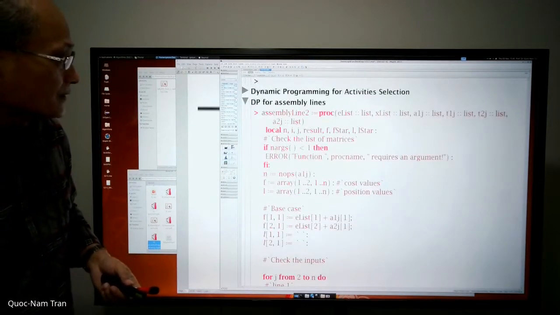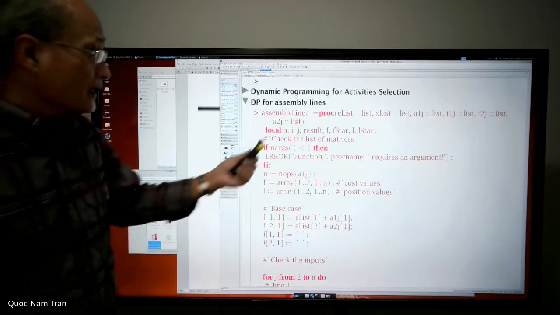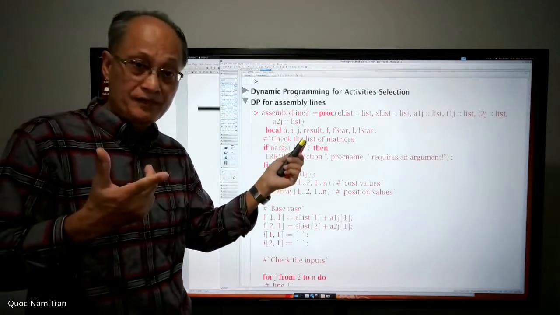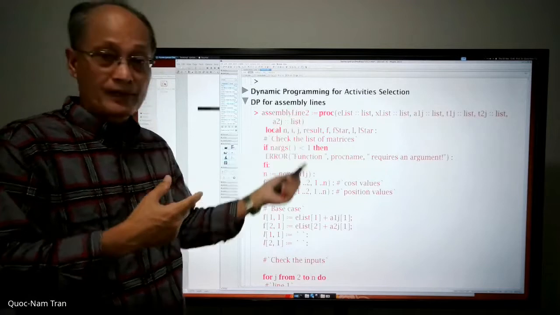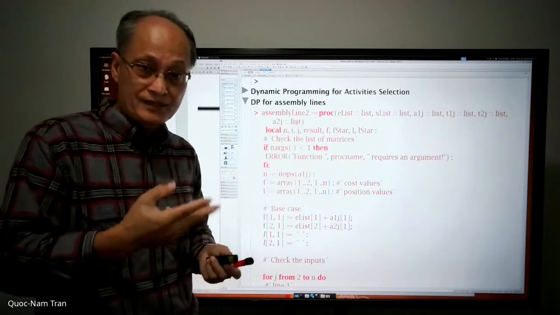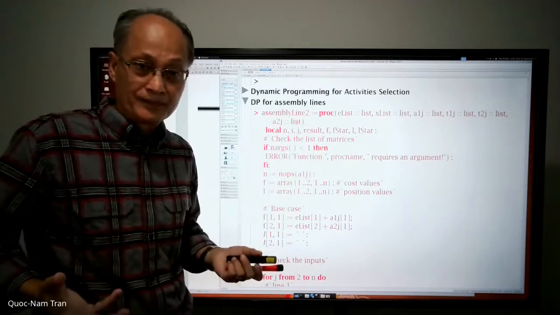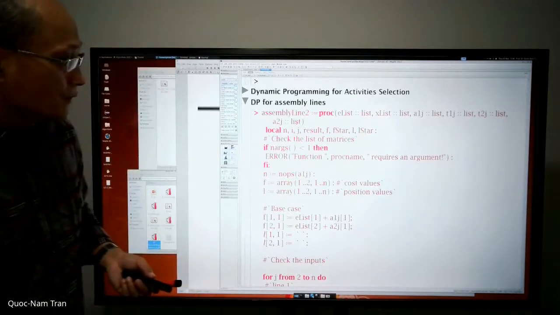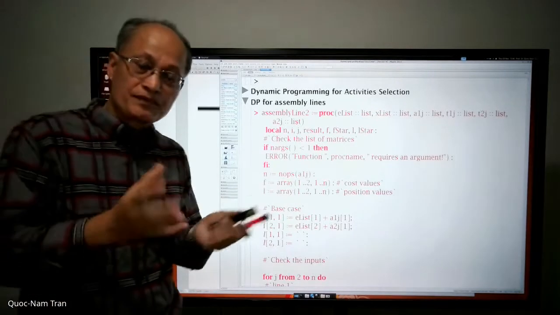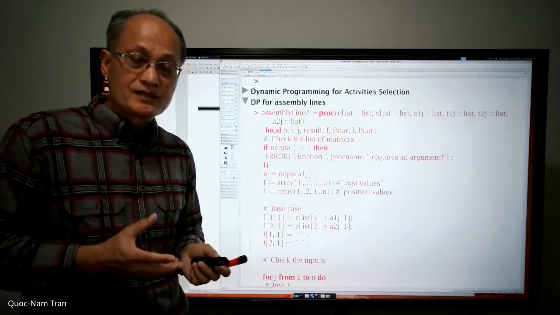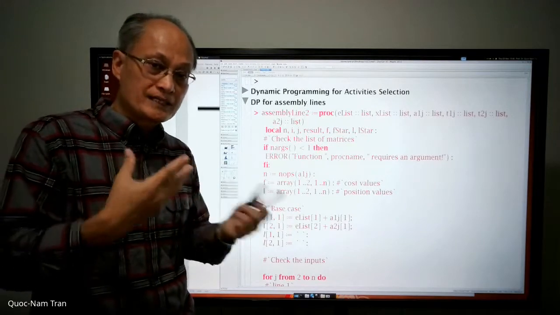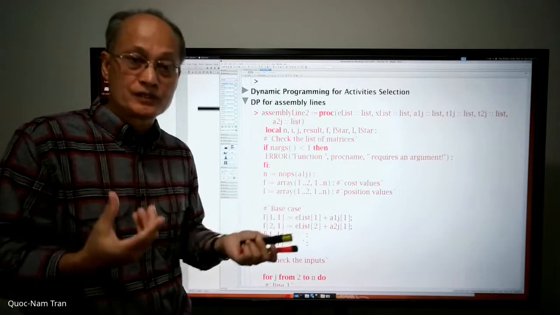So here I have 2 lines, but in fact, I have programs that can deal with 3 lines, 4 lines, no problem. We just have to modify the program a little bit. So instead of dealing with 2 assembly lines, we can deal with more than 2.